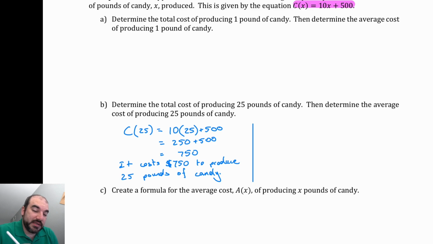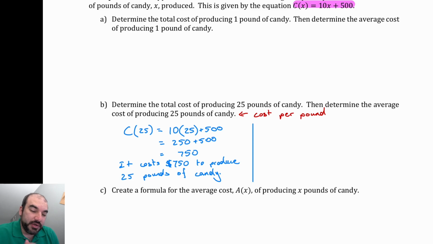But then it says, then determine the average cost of producing 25 pounds of candy. Meaning, the second sentence here is asking for a cost per pound. Right, so how much does it cost per pound? But it's not saying how much does it cost to produce 1 pound of candy. It's saying how much does it cost per pound if I'm producing 25 pounds of candy.